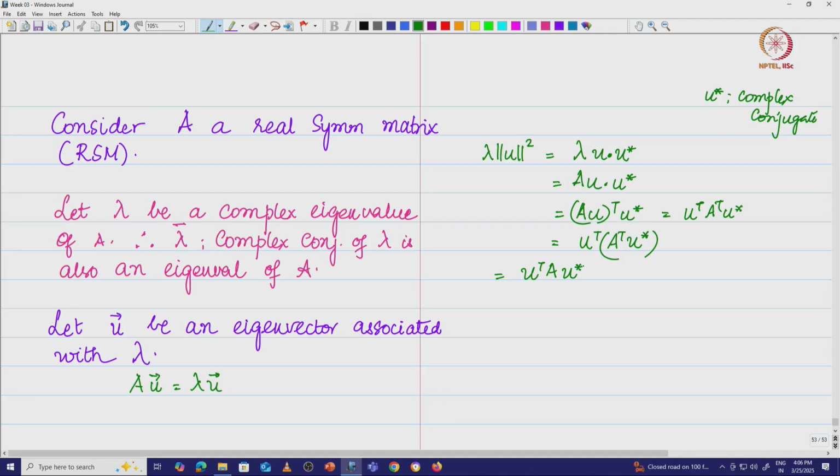A transpose is A because A is a real symmetric matrix, which is what we are considering. So, using A transpose equal to A, we have u transpose A u star. Now, let me do this.